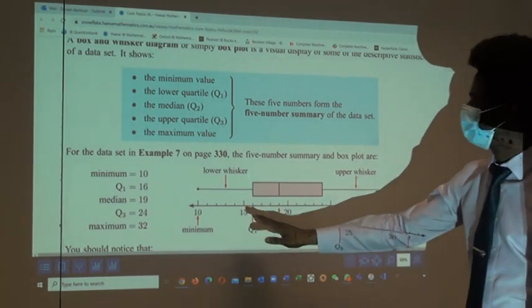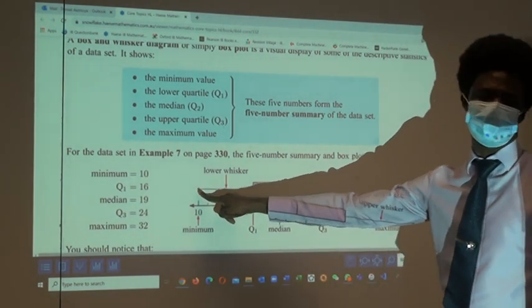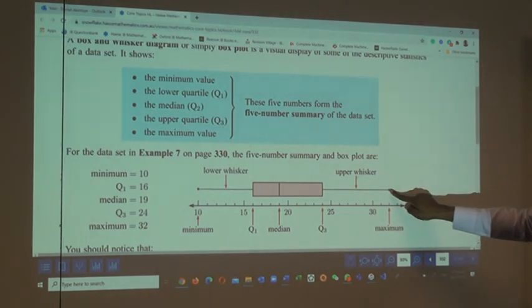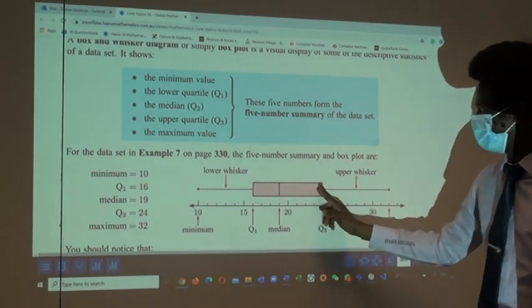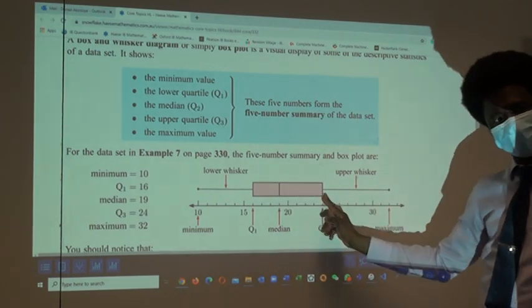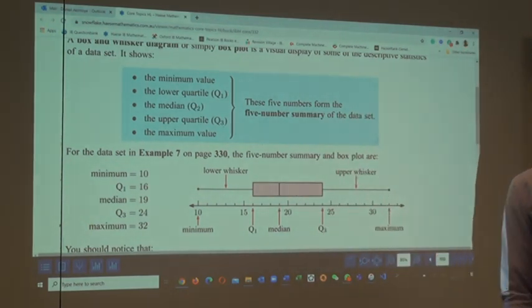Anyways, the minimum will be at this edge here. The maximum will be here. There are conditions. Sometimes the maximum is not included. I'll tell you when. The upper and lower quartiles are where the box begins and ends. The median is the line in the middle.